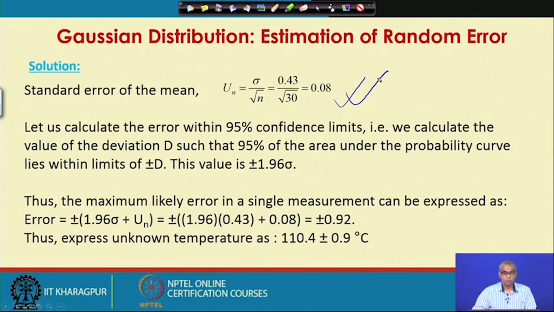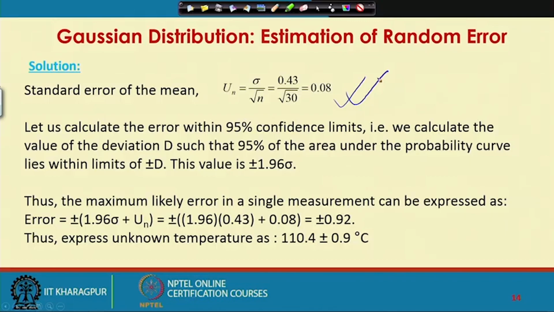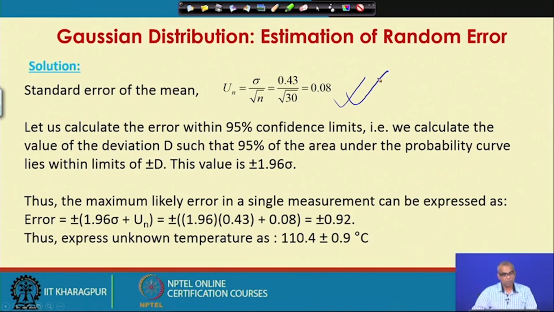We wish to calculate the error within 95% confidence limits, so you have to first associate a confidence limit. What it means is that we want to calculate the value of the deviation d such that 95% of the area under the probability curve will lie within limits of plus or minus d.